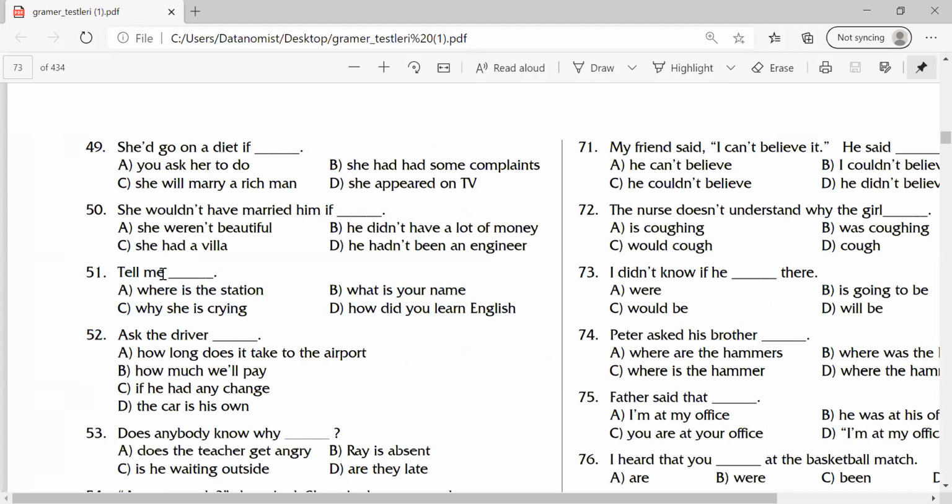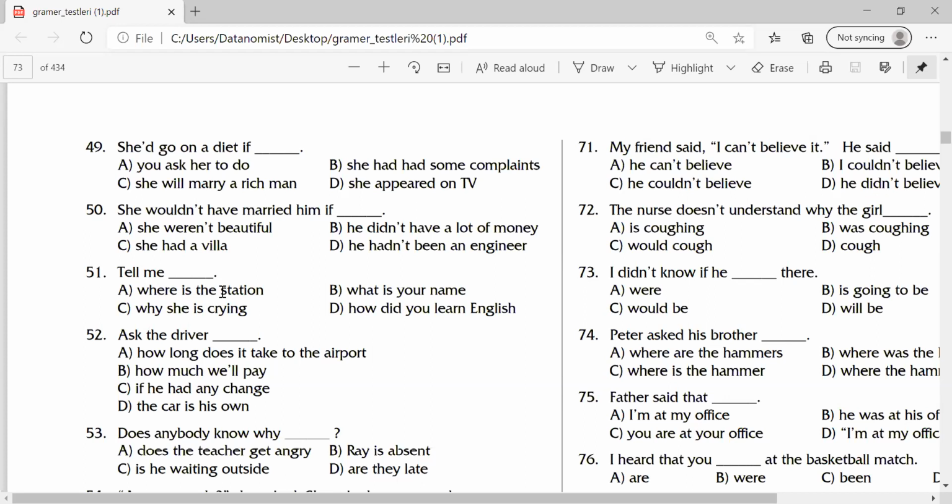Because after "tell me", what is a question I can put? "What?" It means I am giving one secondary idea, which is the answer for "what" if it is added to "tell me". You don't look at these W words. It can be where or why or what or how, but underneath it should be the answer for "what". Now look at this. Tell me where is the station? Tell me what? Where is the station?